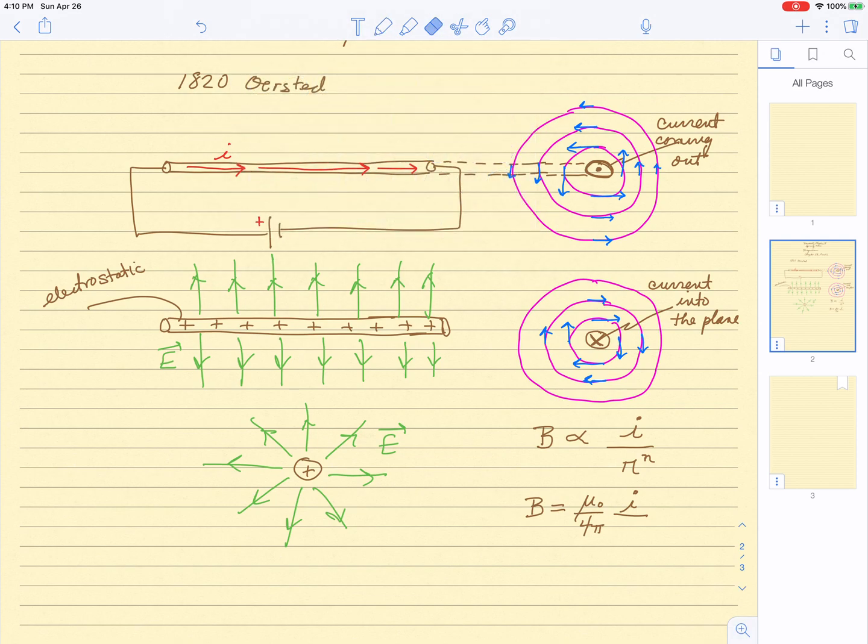So this is going to be 2 pi times R to the first power. So that's how the magnetic field is going to go as you move away from this current carrying wire.